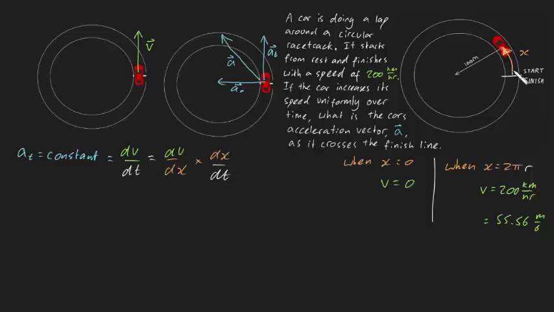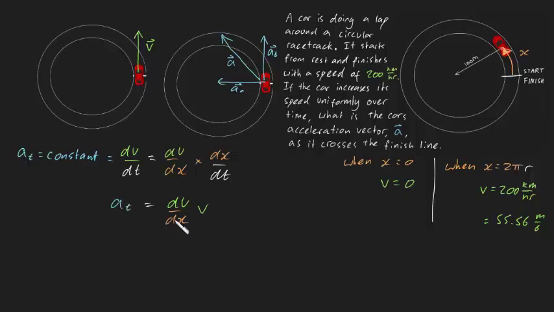Now, because x has been defined to be the distance the car has mapped out at any particular instant, its time derivative is actually its speed. So we can also write this as dv/dx times our speed v, right? And that's actually just going to be equal to a_t, okay?